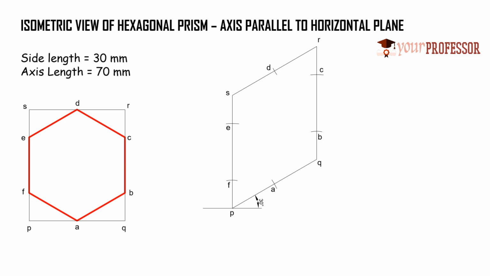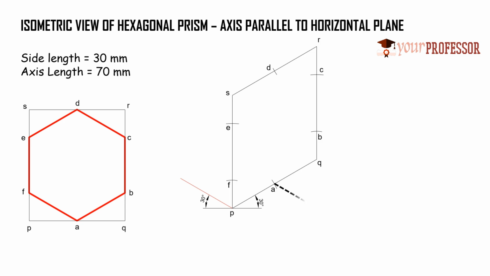Now draw a line at an inclination of 30 degrees from point P like that. Here I have represented this line in red color for differentiation. And now I am going to draw lines parallel to this red line from the points A, B, C, D, E, F, right? Let's start.